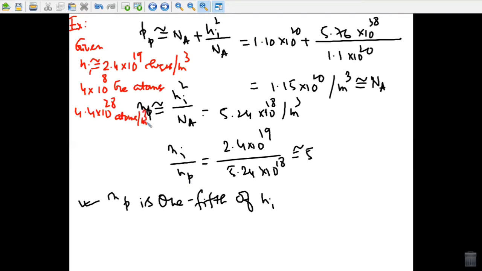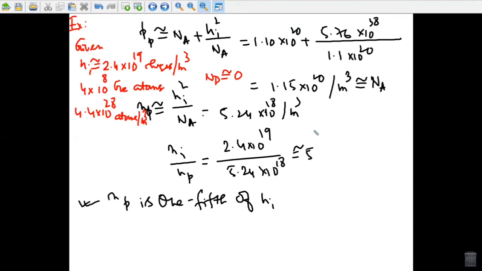Now, for a p-type semiconductor, we know that Nd is nearly equal to 0. Further, the density of the acceptor atoms is given by Na equals 4.4 × 10^28 divided by 4 × 10^8, that is 1.10 × 10^20 per meter cube.